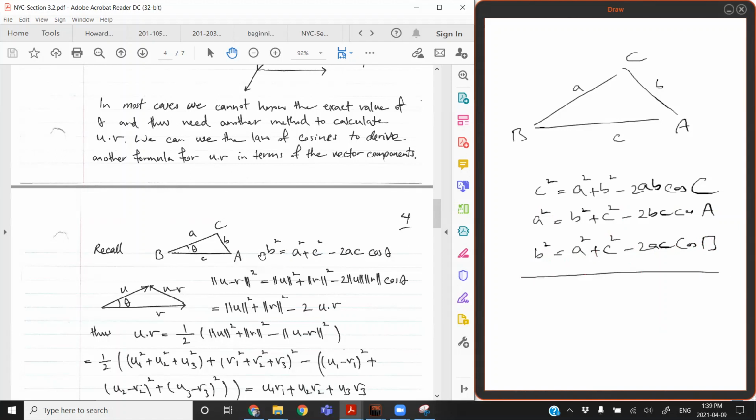Here I've written the formula for b squared: b squared is a squared plus c squared minus 2ac cosine of this angle here, the angle B, theta.